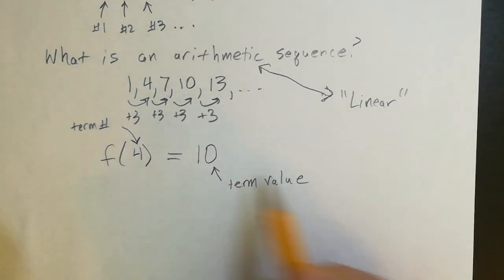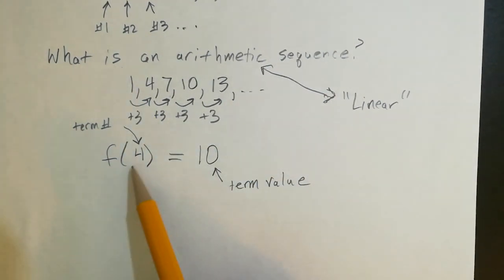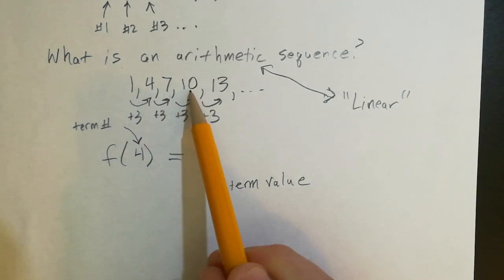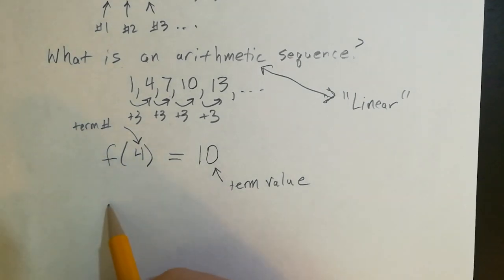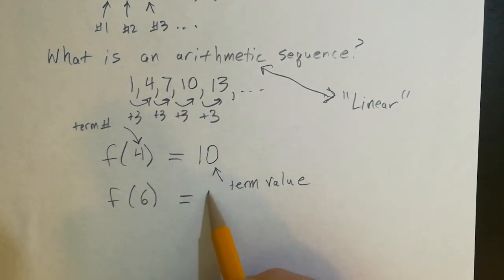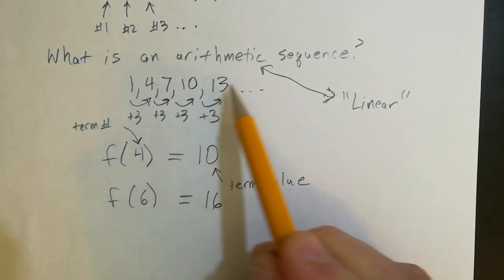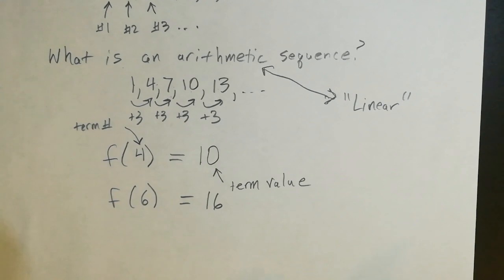Okay, so we have the term number and the term value. So you'll notice this is true for this pattern. 1, 2, 3, 4. The fourth term is 10. Right? If I were to put in, I don't know, f of 6, let's say, you should get out 16, right? I don't have it written down here, but 1, 2, 3, 4, 5, 6. The next one would be 16, right? Okay, so that's how the rule has to work.